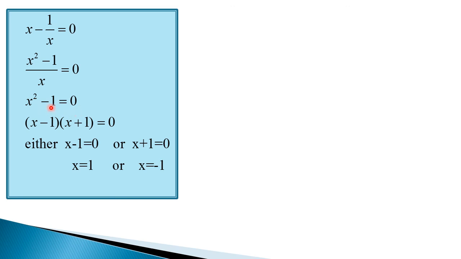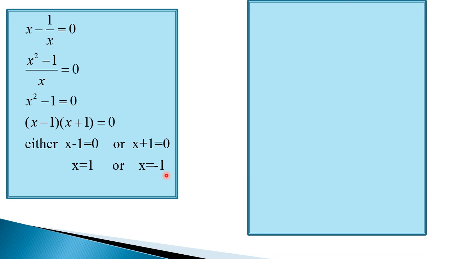So x square minus 1 can be written in the form of x minus 1 into x plus 1 equals 0. Now as the product of these two terms is equal to 0, either x minus 1 is equal to 0 or x plus 1 is equal to 0. From here x is equal to 1 or x is equal to minus 1.